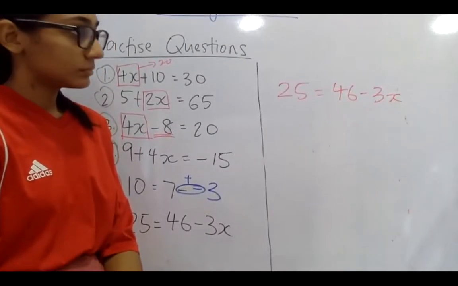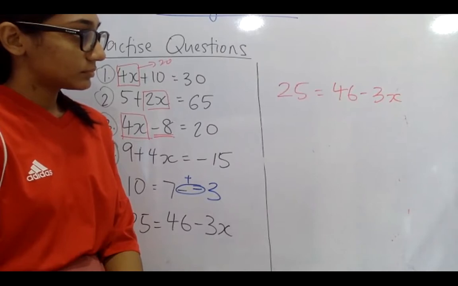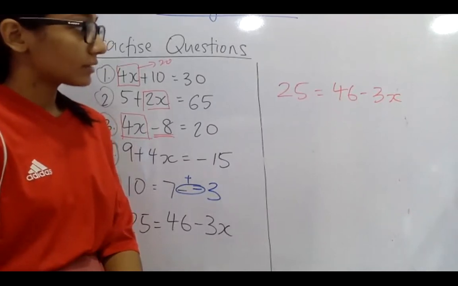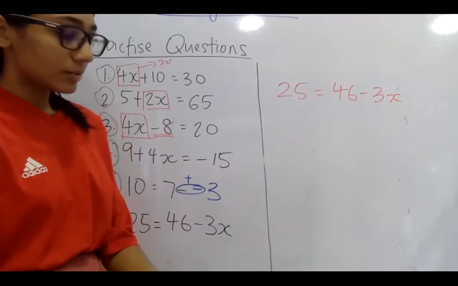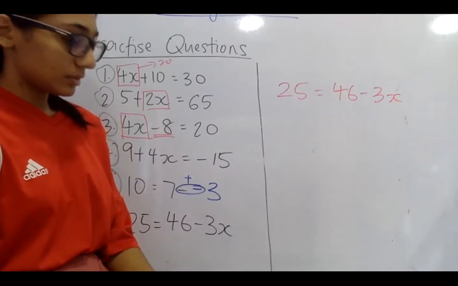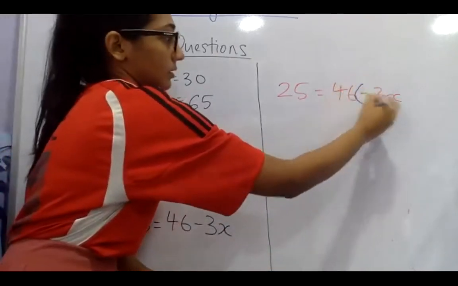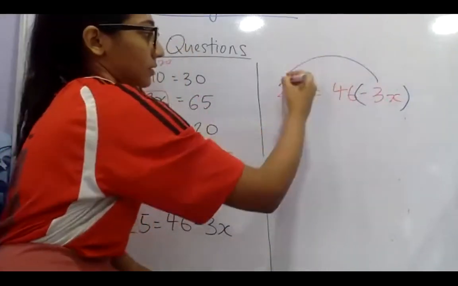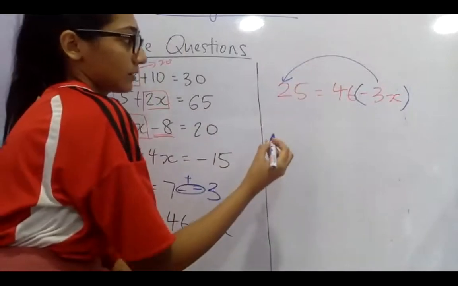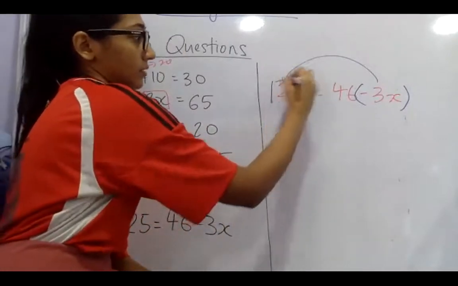3x equals 46 minus 25. Why 3x? Where are you taking it from? I take the minus 3x and I move it to the 25 space. And then I move the 25 to the negative 3x space.